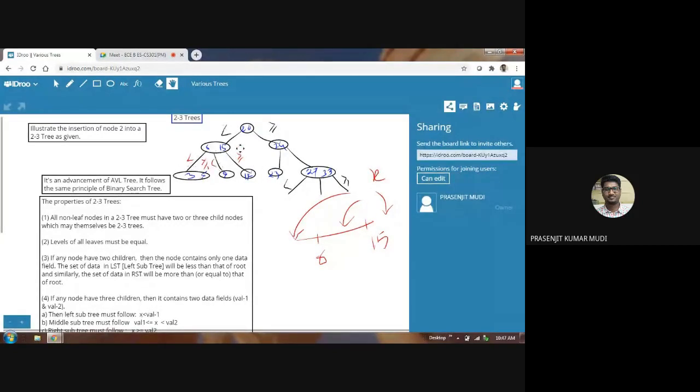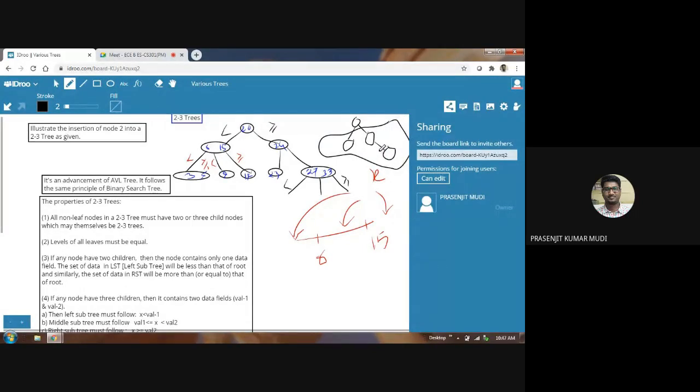But if it is an AVL tree, to accommodate three nodes you can construct a picture like this. Suppose you have to insert three nodes. Suppose this is a node, two nodes you insert here and here, and then another node you insert.